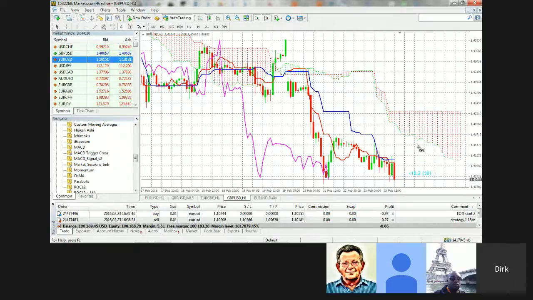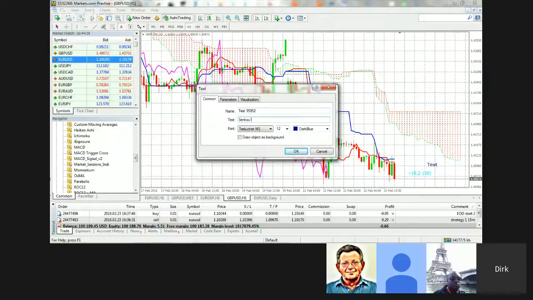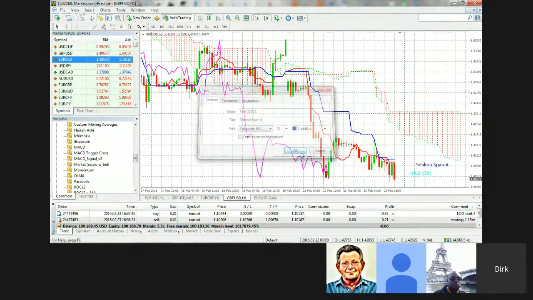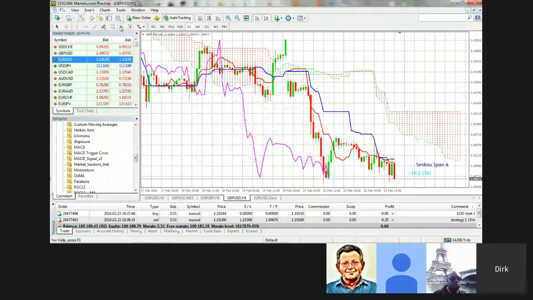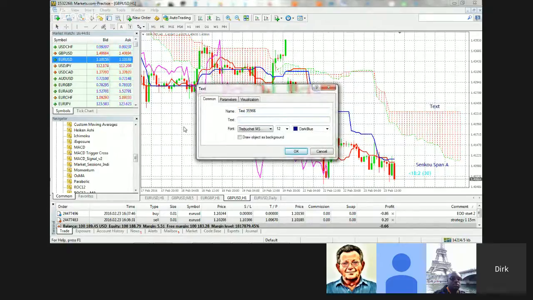Those are what we call the Senkou span lines. So the bottom one, the green one, is what we call Senkou span A, right? The top one, which is the red one, is what we refer to as, and you should know this now, Senkou Span B.